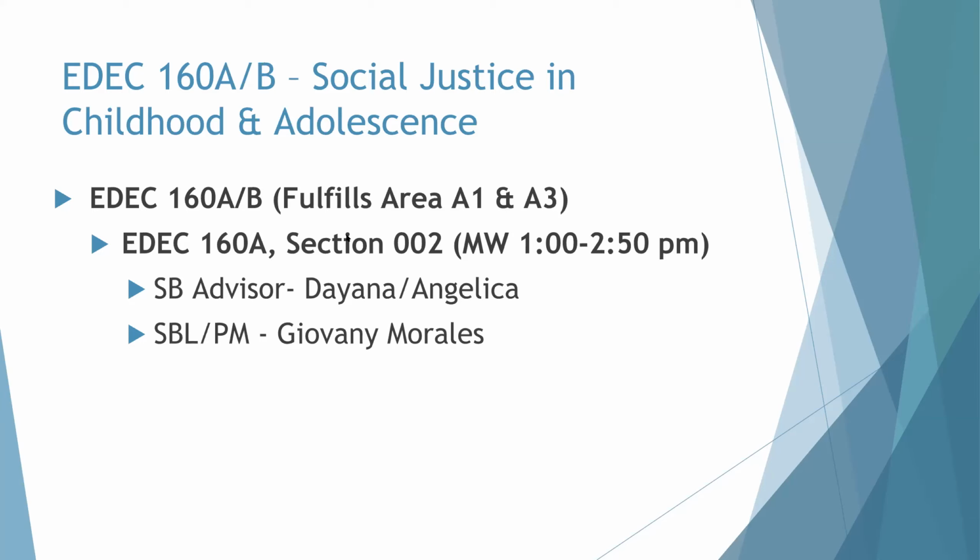This section will be held on Monday through Wednesday from 1 to 2:50 p.m. And Giovanni actually is going to be the peer mentor for that class. So you'll be able to see Gio after summer bridge. Let's give it up for Gio.